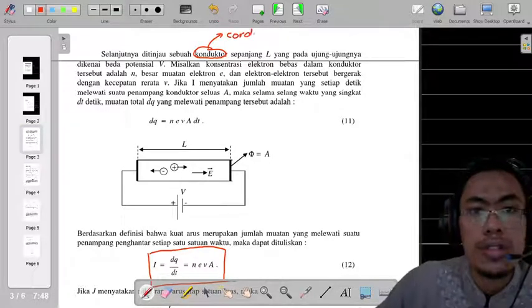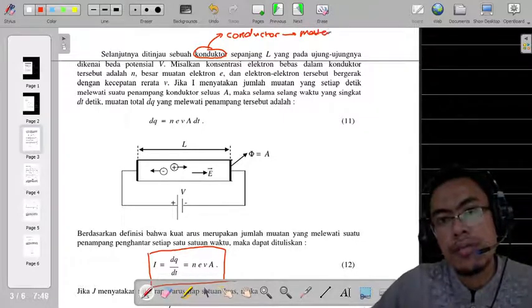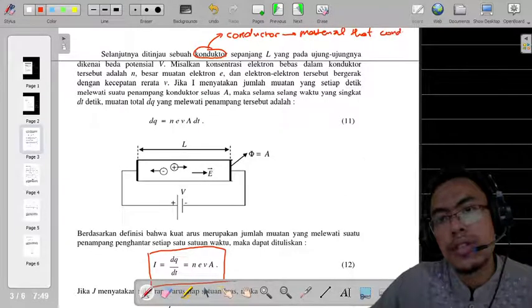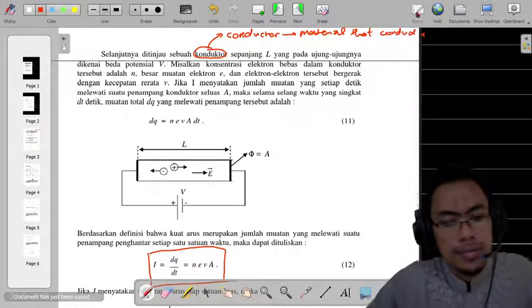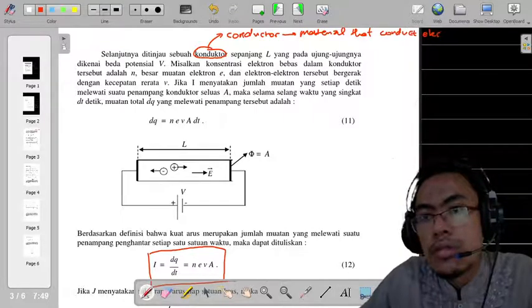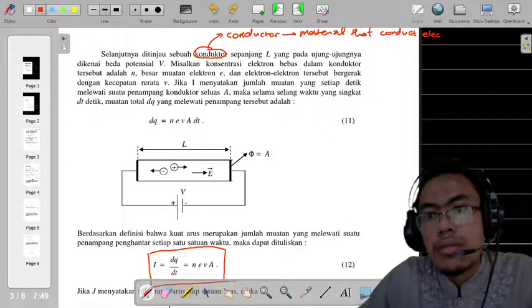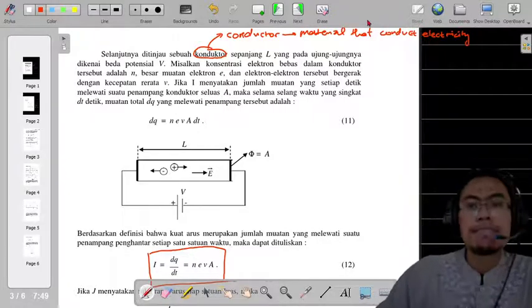So conductor means material that conducts electricity.